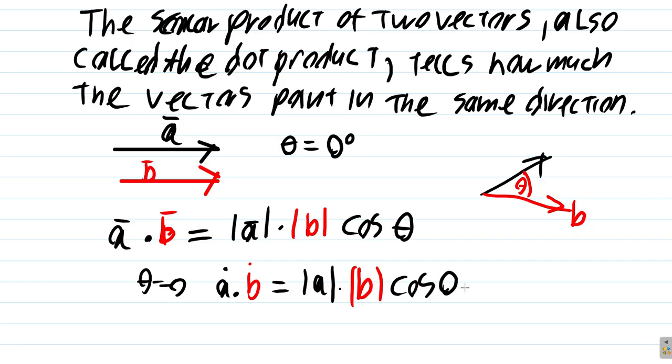But what is cosine of 0? The cosine of 0 is 1. So, it is the magnitude of A multiplied by the magnitude of B, times 1, which is just 1. 100% in the same direction, right?